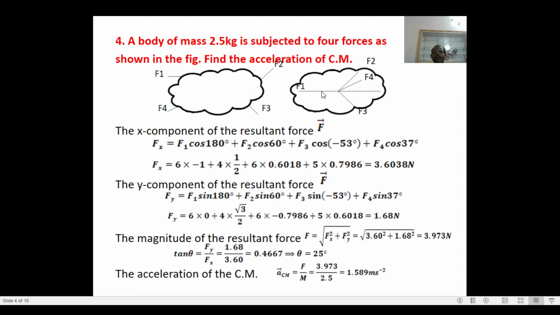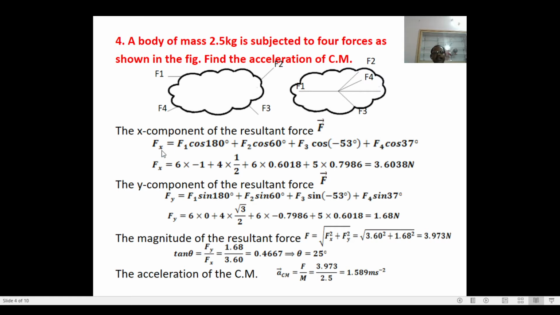All anti-clockwise angles are taken positive, all clockwise angles are taken negative. The x component of the resultant force vector F at this point. So suppose vector F is acting somewhere, the resultant force of all the four forces is vector F. Now I will take this resultant force, I will take x component and y components.